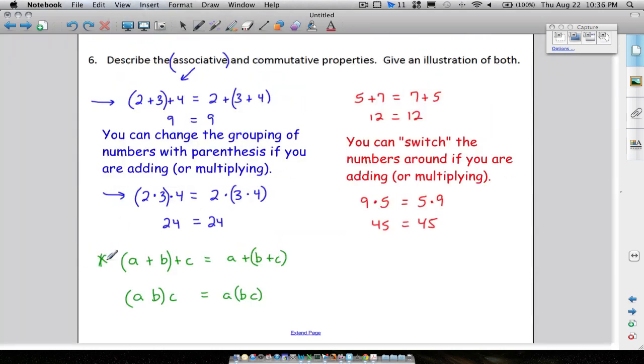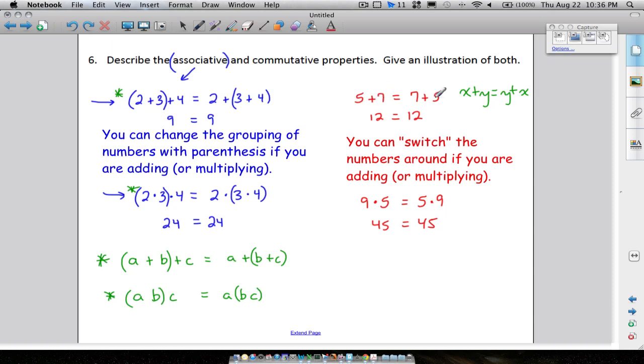This example right here, A plus B plus C equal to this stuff, by changing the grouping, that matches this up here. And then taking just some numbers for A, B, C, like 2, 3, 4, if we change the grouping here, the multiplication will still be equal based on what we did right here. For these two, we could do similar things as well. Instead of just saying 5 and 7, we could say x plus y is equal to y plus x.